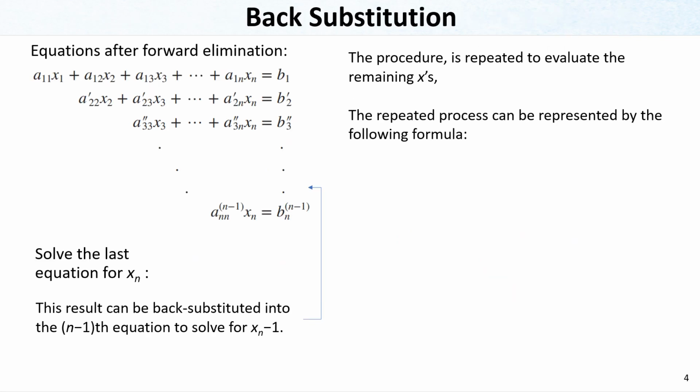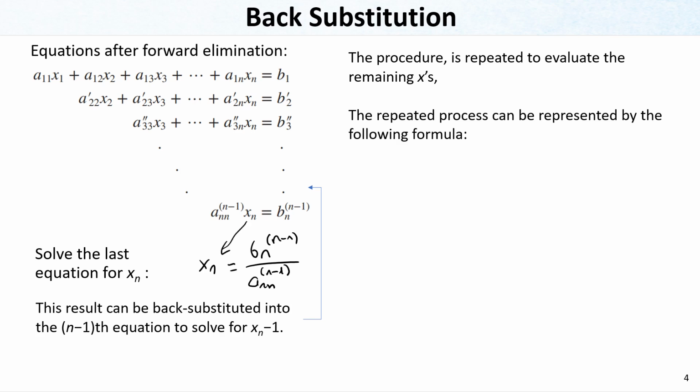After the forward elimination step, we will have the back substitution step, and in this we will start from the last equation of the upper triangular system, because we have only one unknown here. When we solve this, we can obtain xn as just the isolated version of it, bn^(n-1) divided by ann^(n-1).